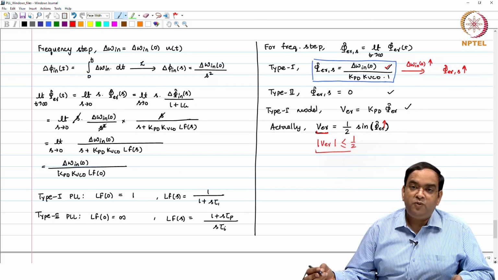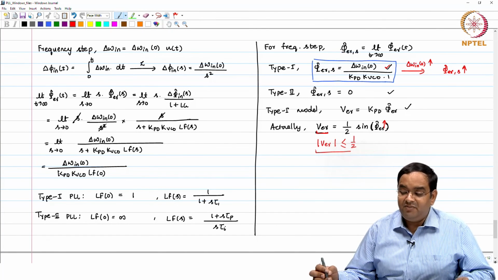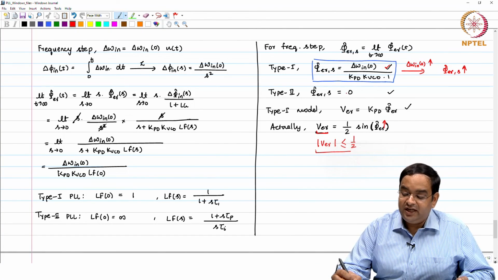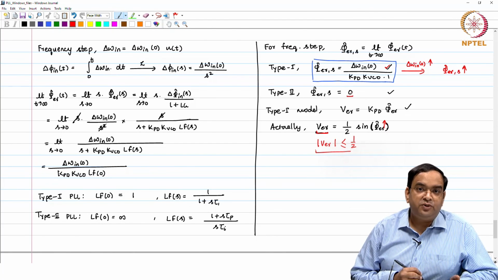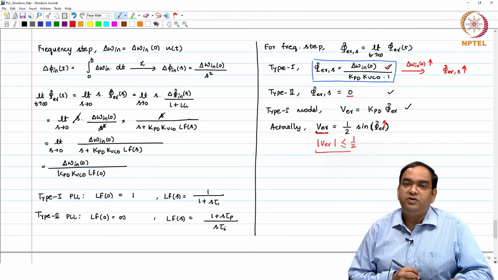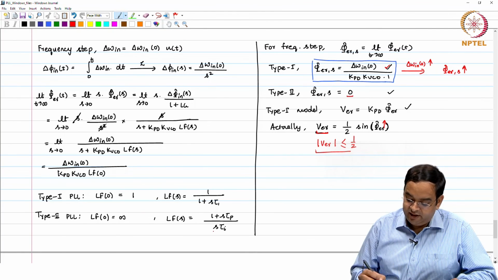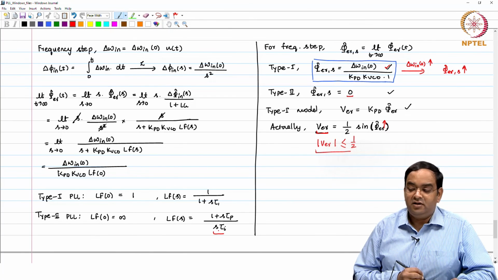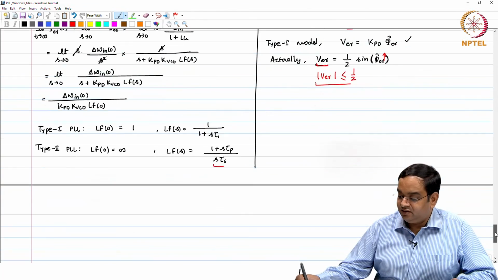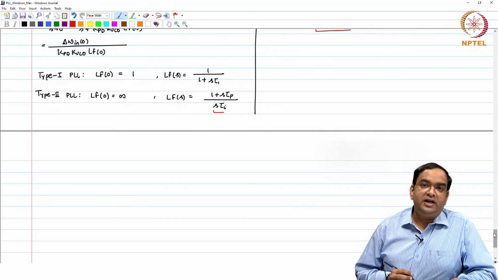In case of type 2 PLL, it does not matter, because in steady state you are going to have a phase error of 0. You will acquire all the frequency with the help of the integrator, another integrator in the loop. Well, this is interesting that for type 1 and type 2 PLL we are able to get that.